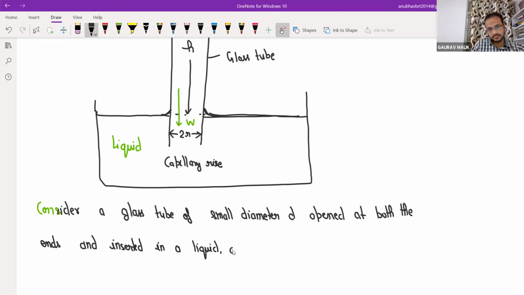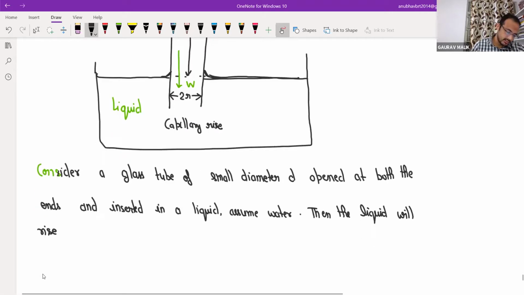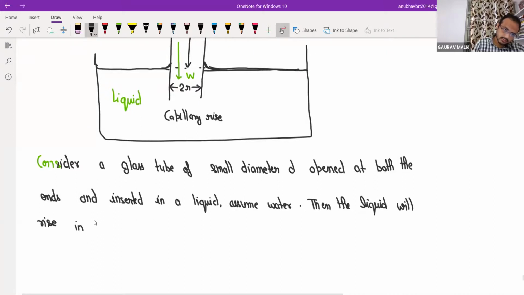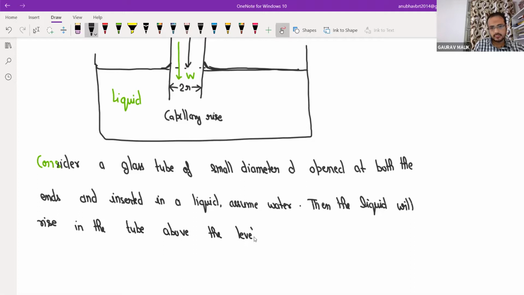Assume water. Then the liquid will rise in the tube above the level of the liquid.